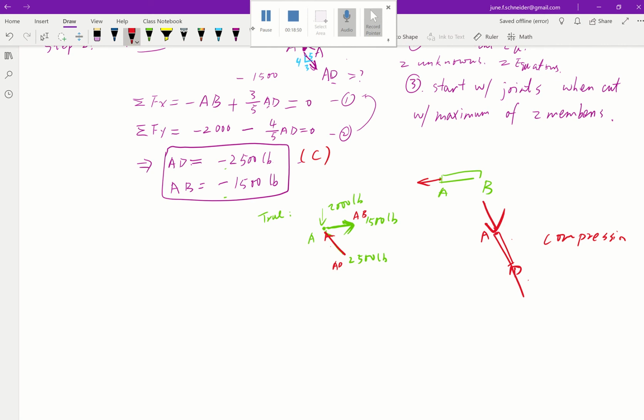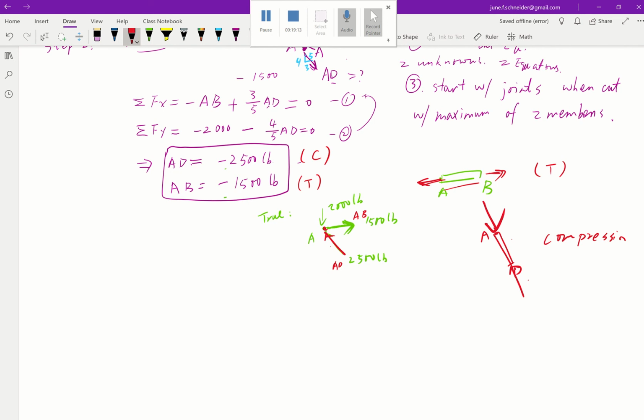Because AB is pulling joint A away, and joint A is pulling it back. So in that direction, we all know this has to be the opposite, and that means AB member is going to be in tension. Okay.